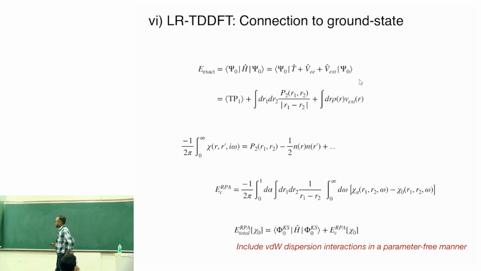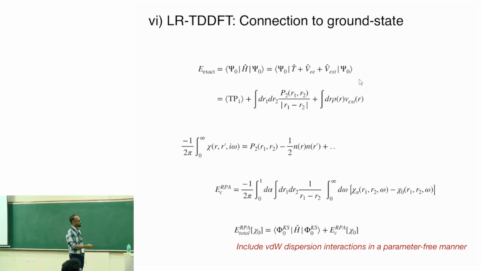Now, you have to integrate over all alpha. You can analytically integrate because there's a very simple form for this. A couple of points here. You have ECRPA, this particular form for the correlation energy, and the total energy is given by this expectation value.